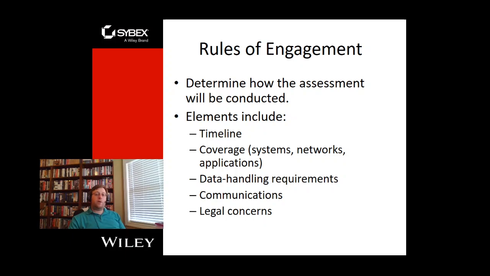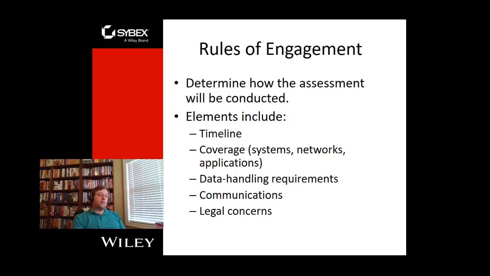But in most instances, pulling out a gun and forcing the security guard to let you into the server room is not going to be considered within the rules of engagement. There are certain lines that we don't cross as penetration testers.